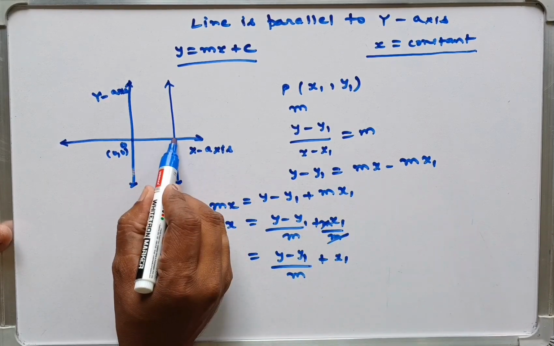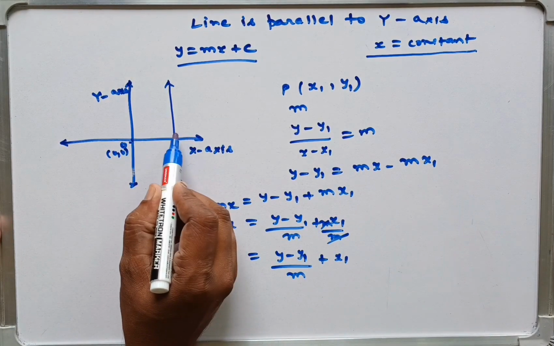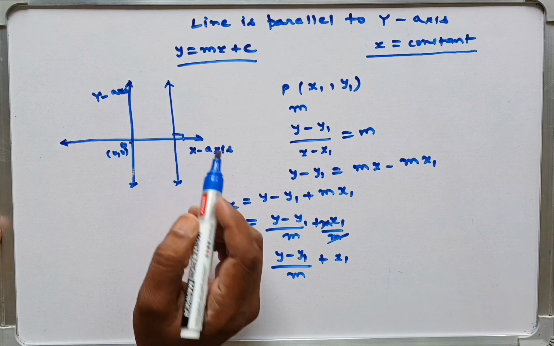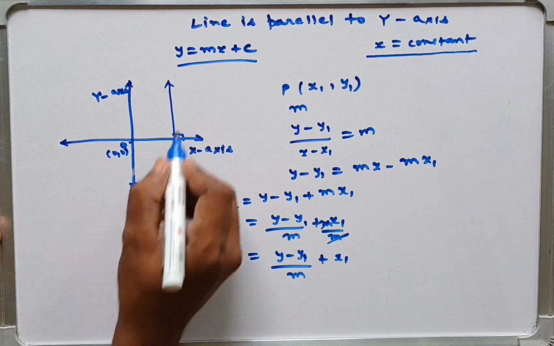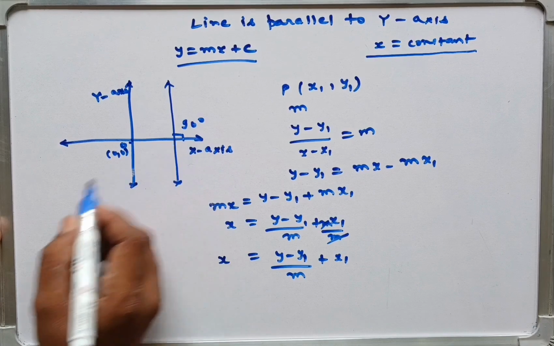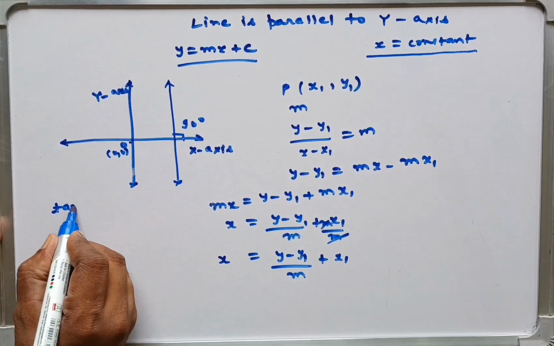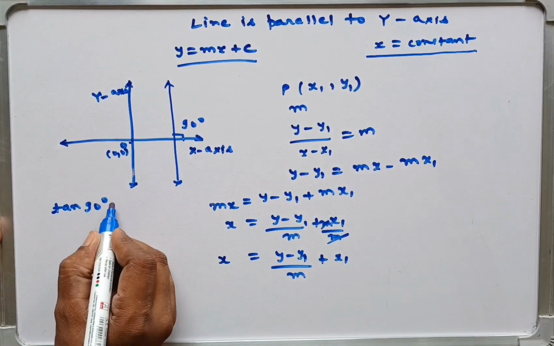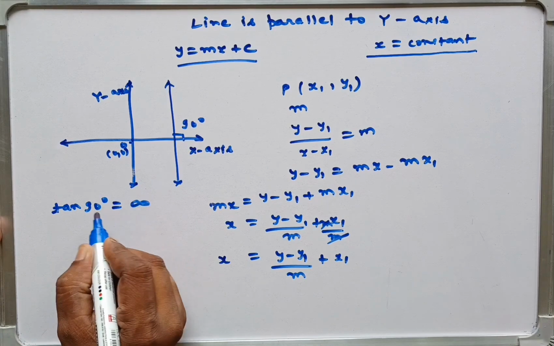This line is parallel to the y-axis, so this angle is 90 degrees. If this angle is 90 degrees, then tan 90 degrees equals infinity.